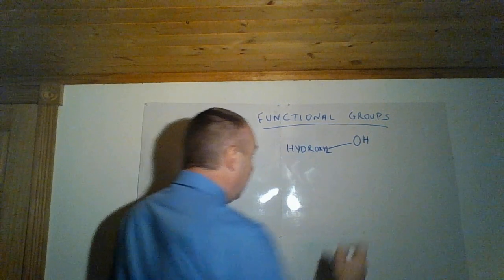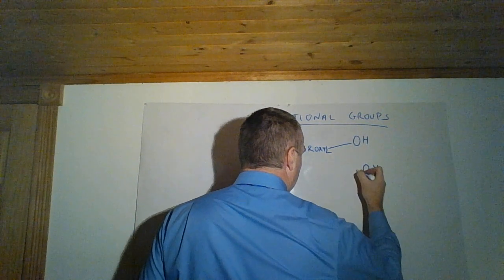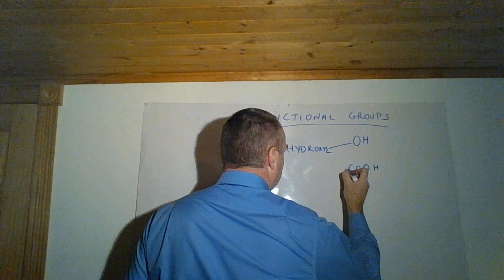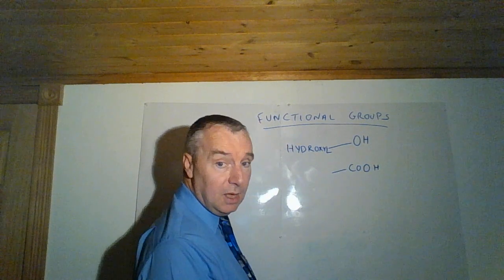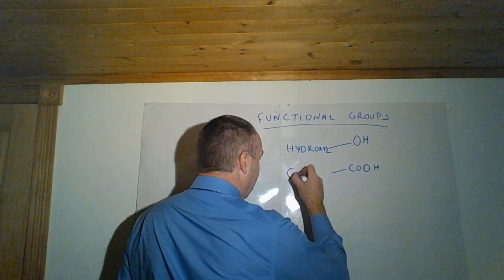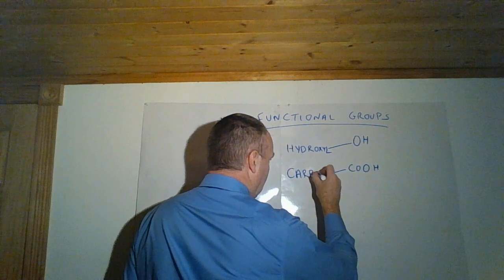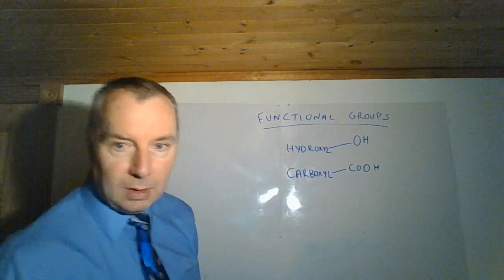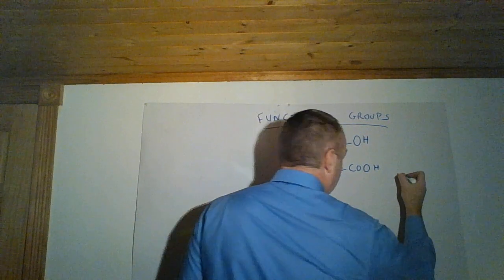Next one we have, because it has a carbon and an oxygen and a hydrogen, we call it a carboxyl. And that COOH ends up really actually looking like this.